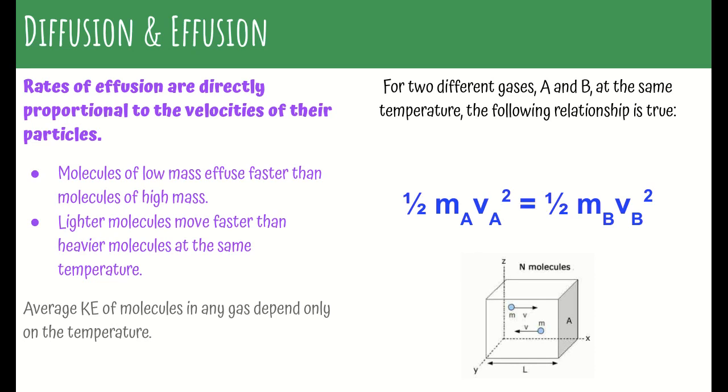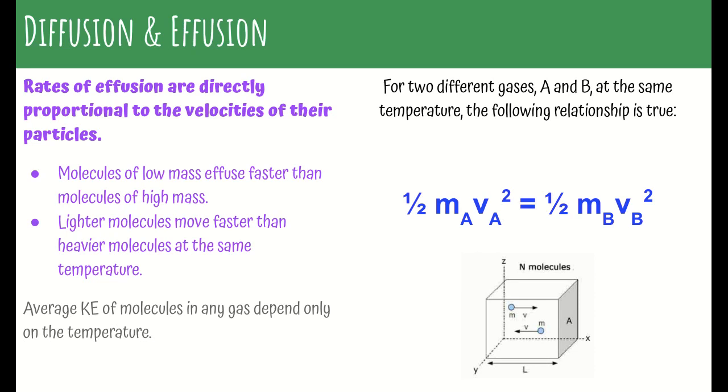So that relates back to the heat that's present in that system, right? So we know already that the average kinetic energy of molecules of any gas is going to be dependent on the temperature. So if you're adjusting the temperature, you're also adjusting, in a direct relationship, the rate of effusion.